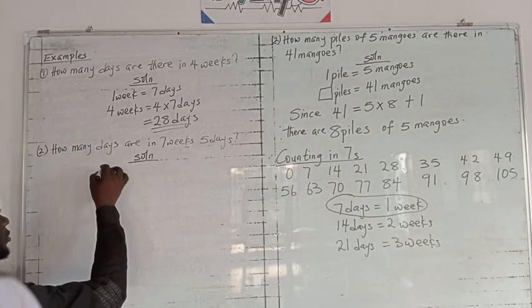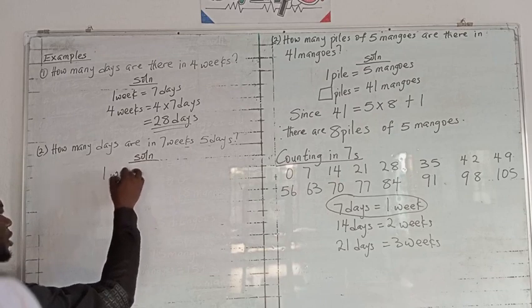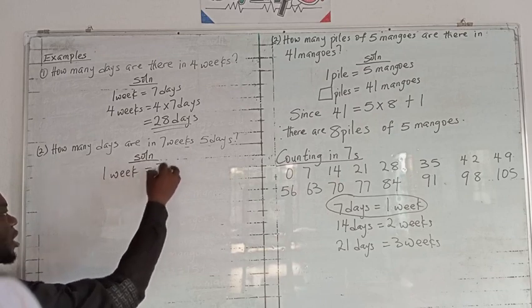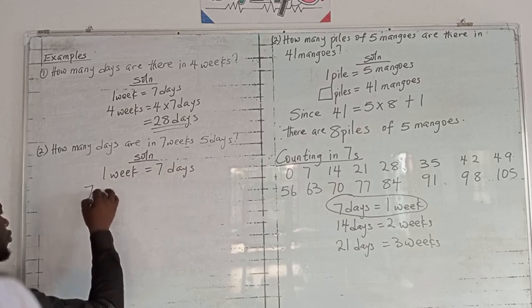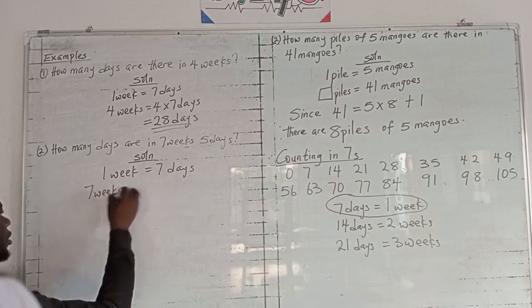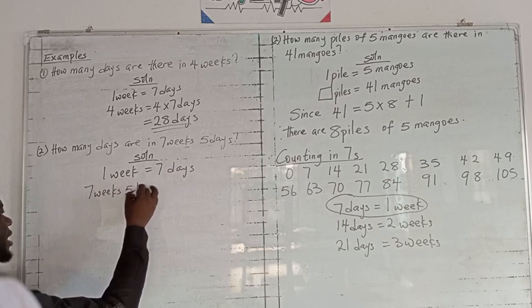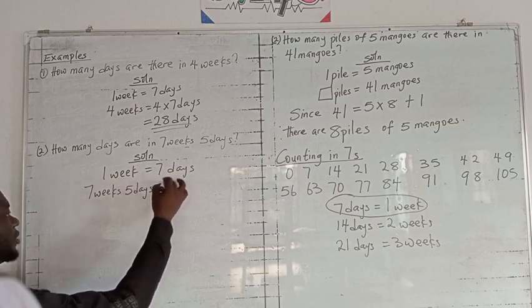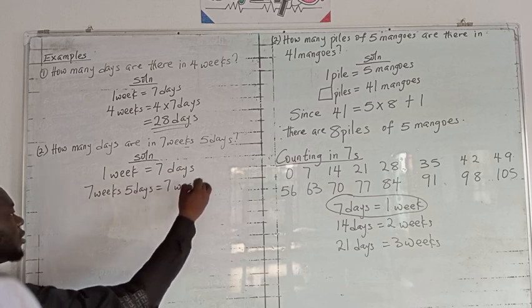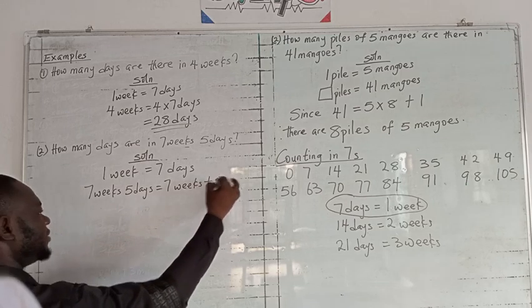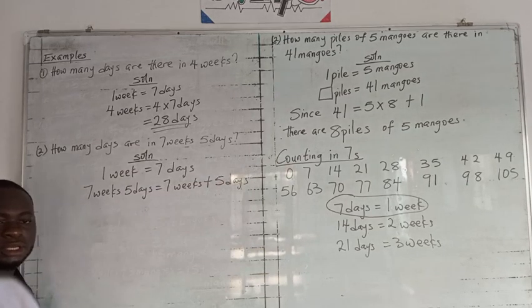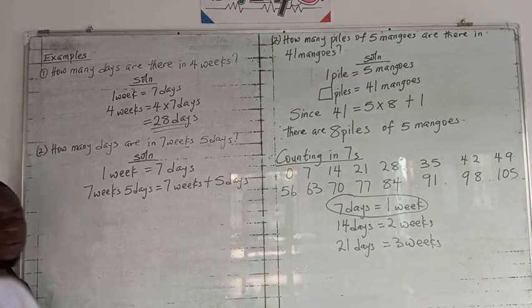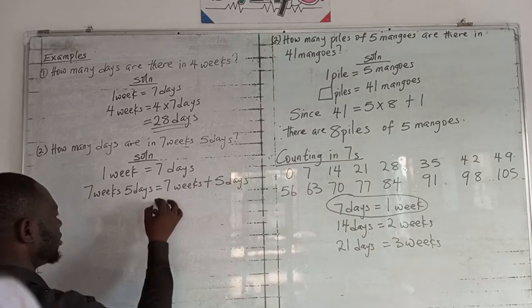Remember, 1 week has 7 days. Now, 7 weeks, 5 days is like having 7 weeks plus 5 days. Are you seeing that? 7 weeks plus 5 days.